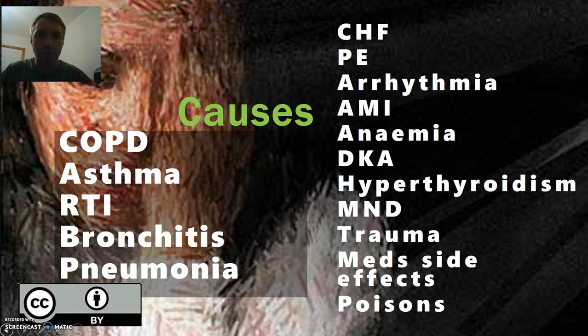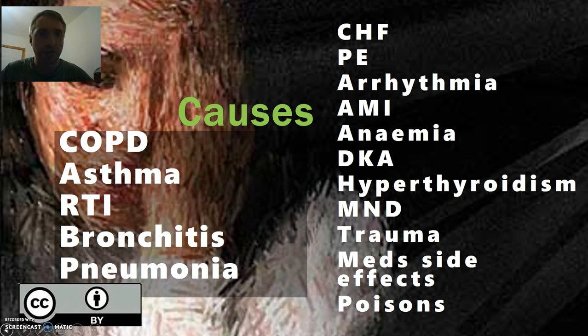Again, we have a number of different causes of shortness of breath, and some of them are what we call respiratory related, and some of them are actually not respiratory related but do cause shortness of breath. Our typical ones that we will often see are COPD, asthma, and respiratory tract infections such as bronchitis or pneumonia.